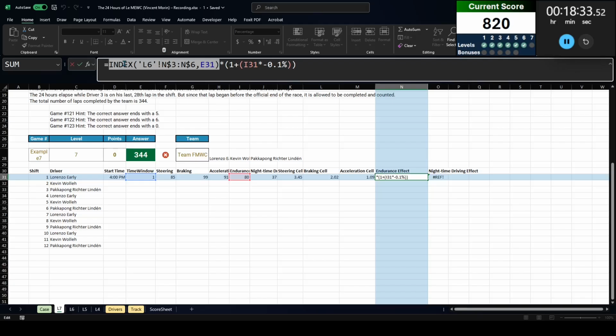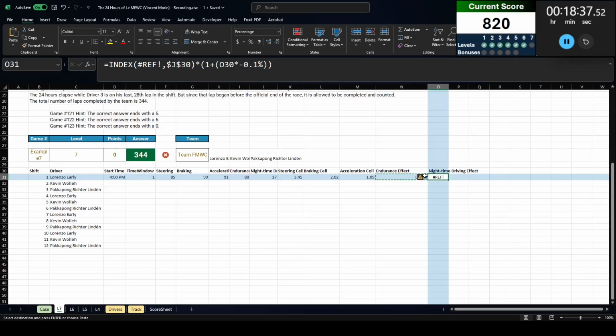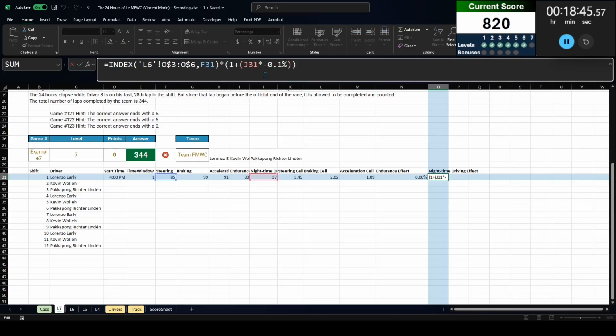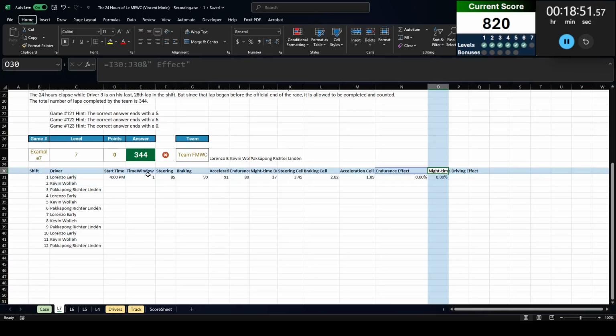Kidding me? What's... Oh, right. Endurance. Duh. The race just started. He doesn't have endurance issues yet. Okay. And this should all line up nicely, which it does, but it still gives me a ref error. Why? Right. This should be on time window. There we go. Okay. So no effects yet because the race just started.